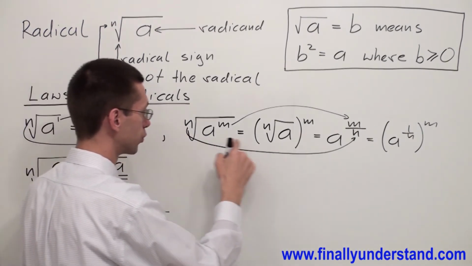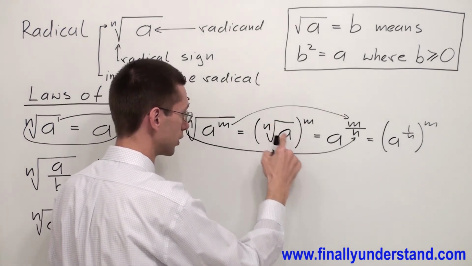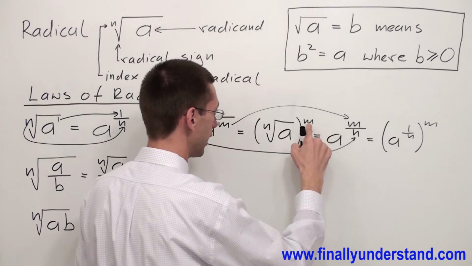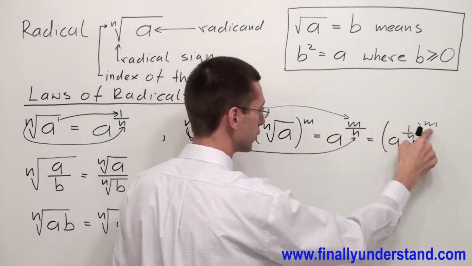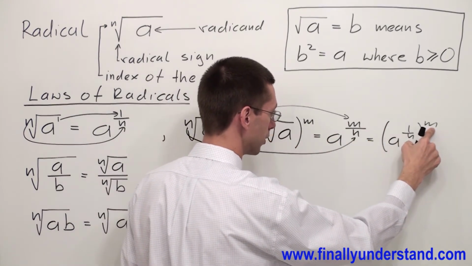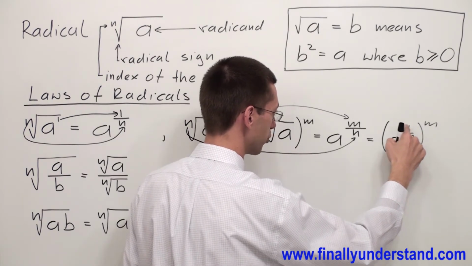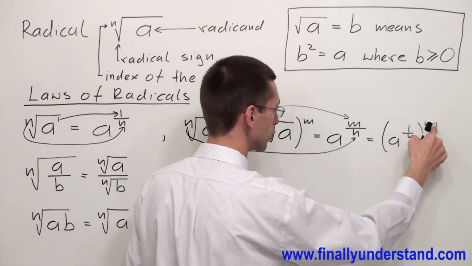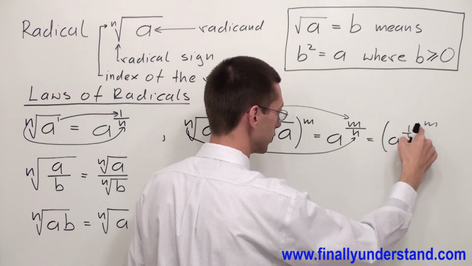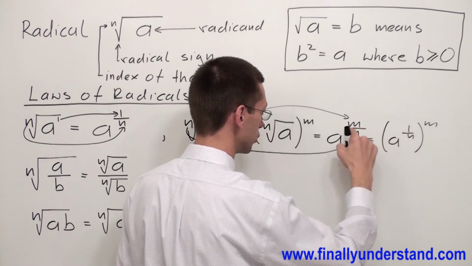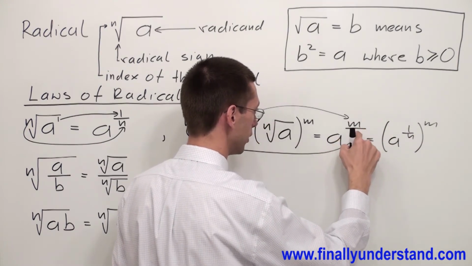So that's why I convert this radical to this form. I have m outside of the parentheses. Remember, anytime we have an exponent outside of the parentheses and an exponent inside of the parentheses, we're supposed to multiply them together. So in this case, we multiply m by 1 over n. That's why this is going to be equal to a to the m over n.